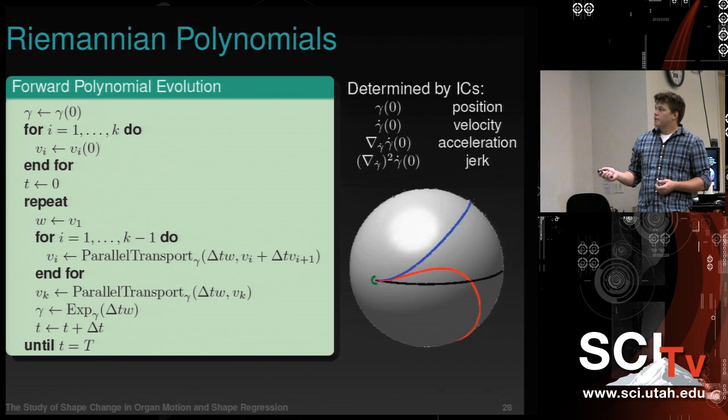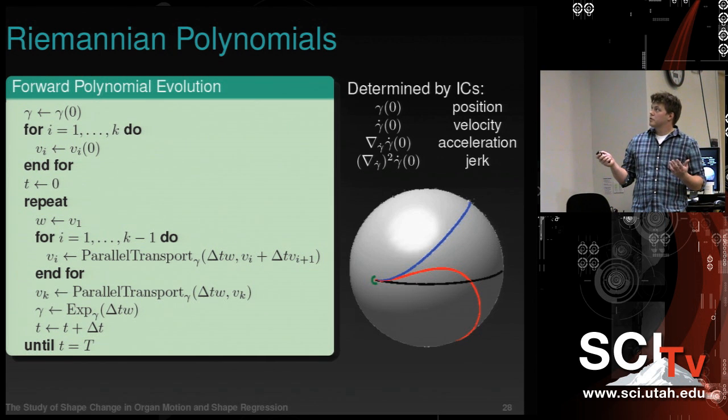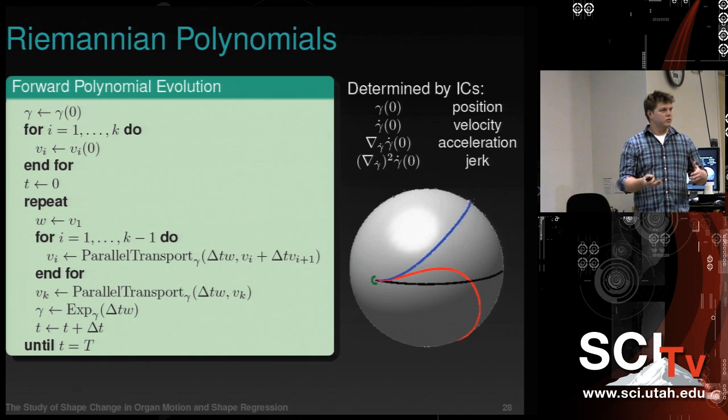So on the right, you see on the sphere, I took a starting point and made up some initial conditions: the starting point, the velocity, acceleration, and third derivative, jerk. And so when you integrate a third order polynomial with these initial conditions, we get the red curve. If we set the jerk equal to 0 at t equals 0, we can show that it stays 0 and it's equivalent to a second order polynomial.